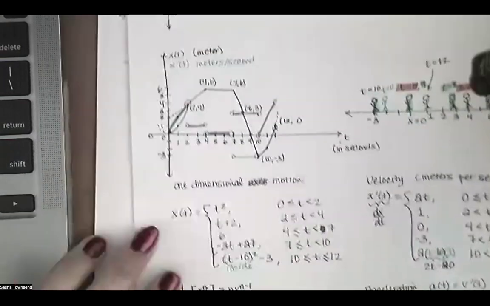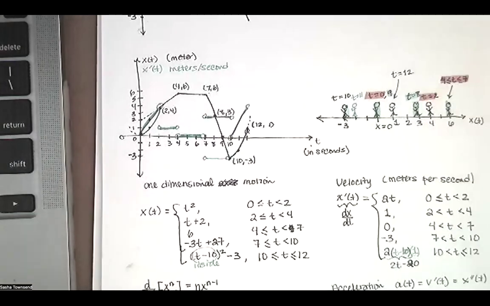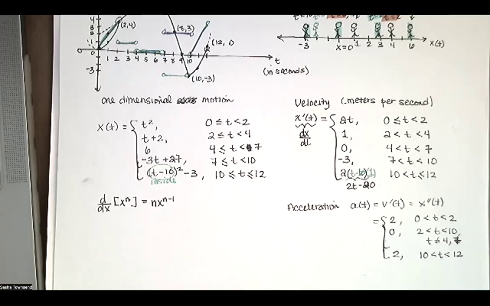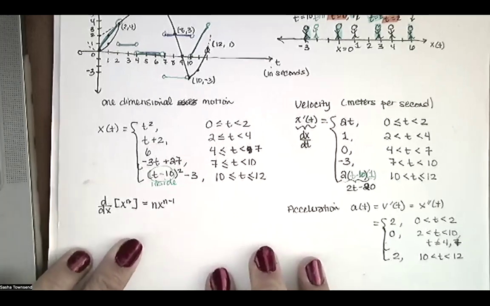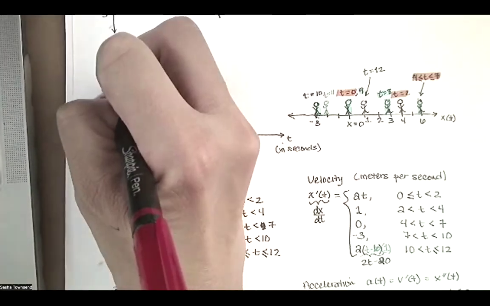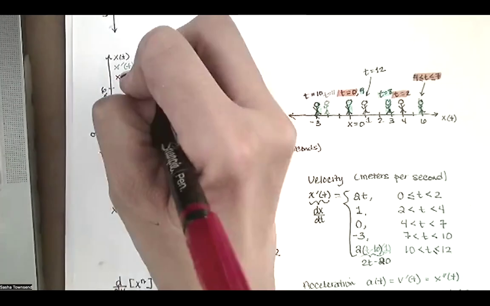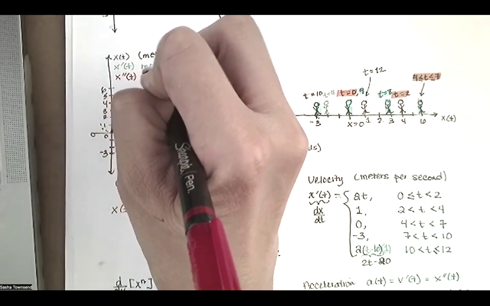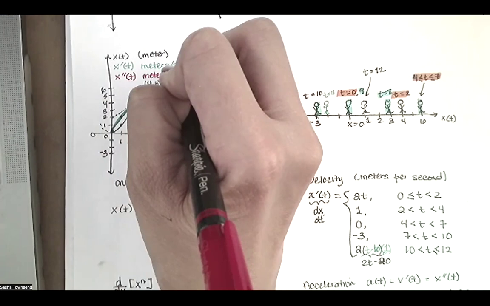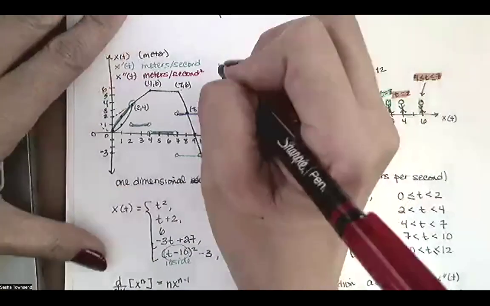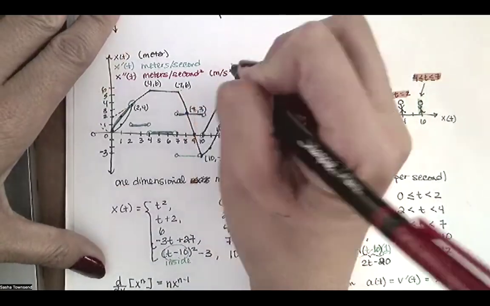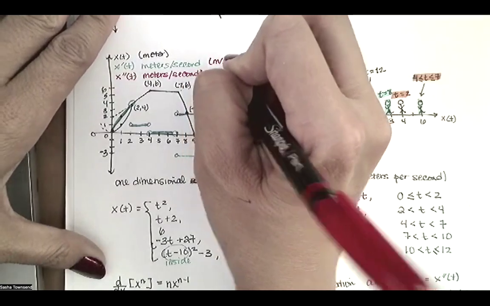So if I want to graph that on this set of axes, I can graph that. Whoa, I lost my paper. So our acceleration, which we can denote by x double prime, is going to be a number of meters per second squared. We'd abbreviate this meters per second squared, and this one meters per second.